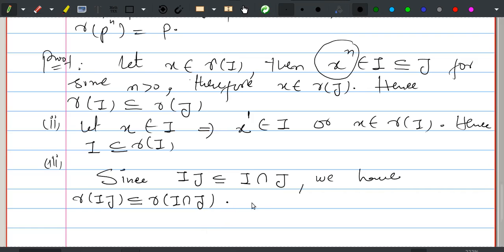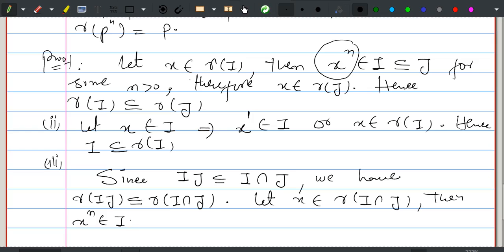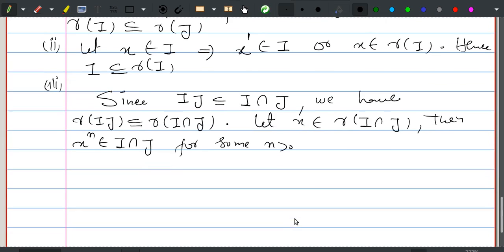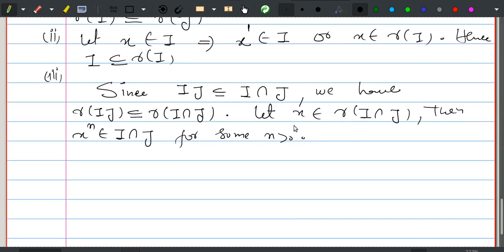Now let x belong to the radical of I ∩ J. Then x to the power n belongs to I ∩ J for some positive n.